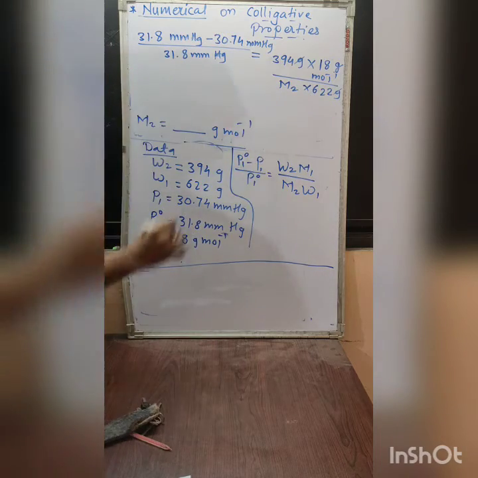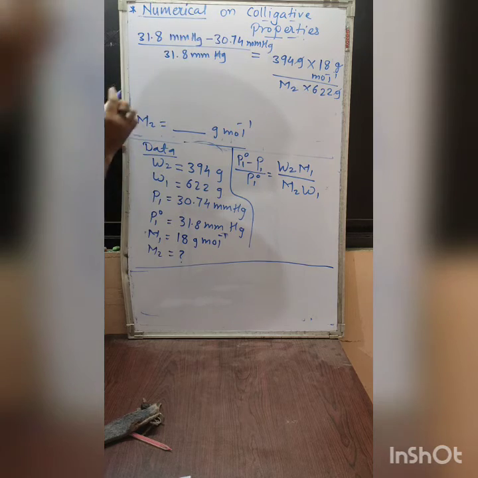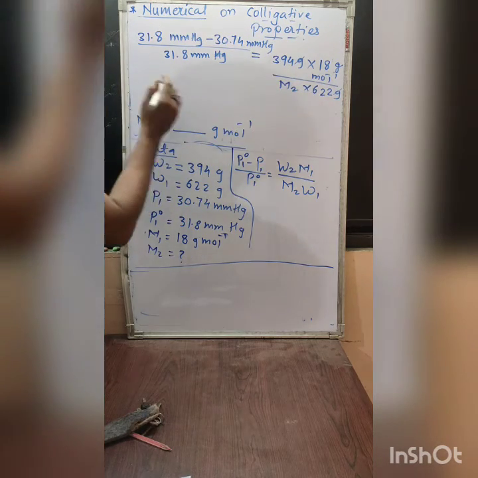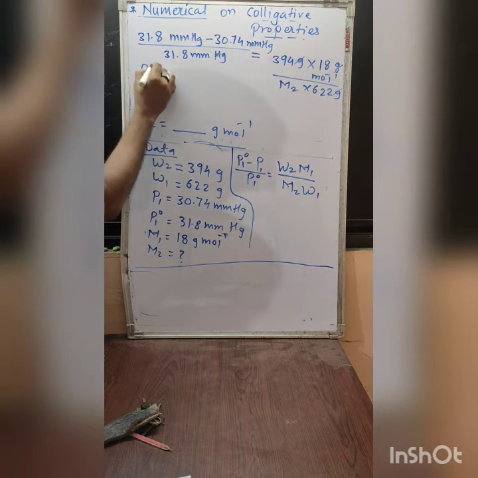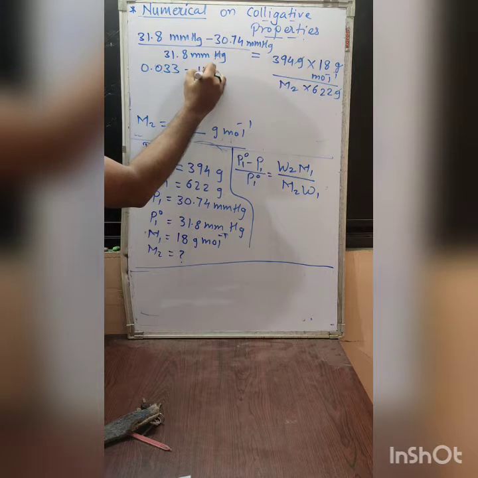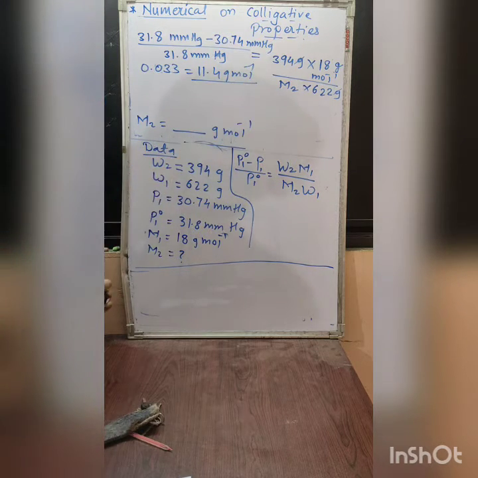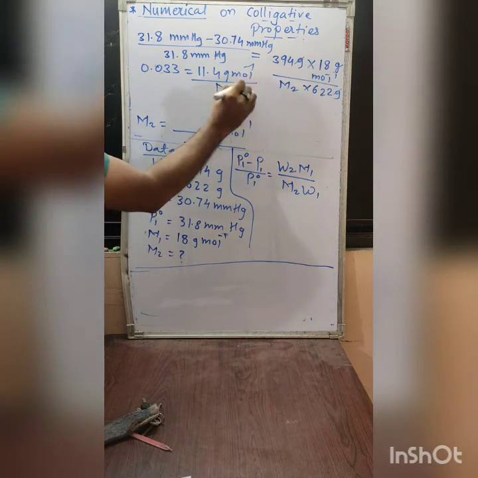After arranging this and calculating this part and this part, we get 0.033 is equal to 11.4 gram per mole upon M2.